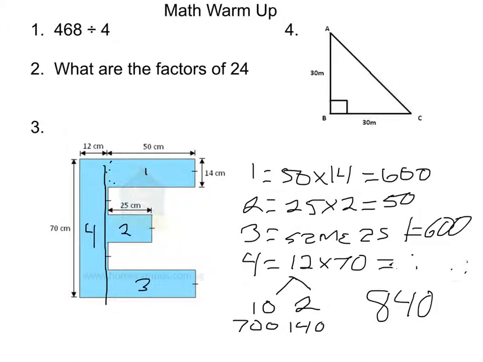I've taken the liberty of going ahead and writing it all out. These are our sides, our rectangles. Rectangle 1 is 600, rectangle 2, 50, rectangle 3, same as 1, so that's 600 again. Rectangle 4 is 840, and I've shown you the break apart method that I use to go ahead and get it quickly.